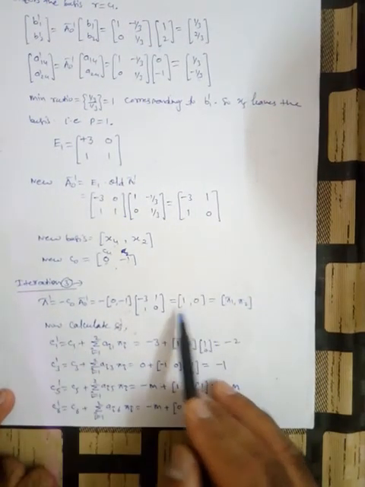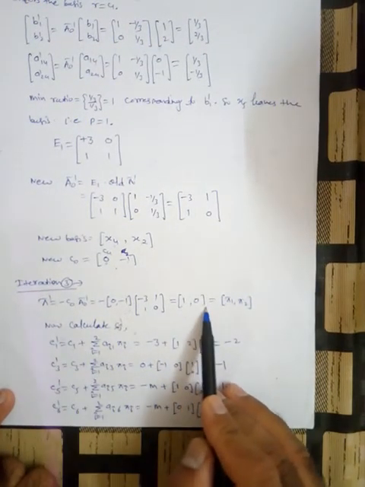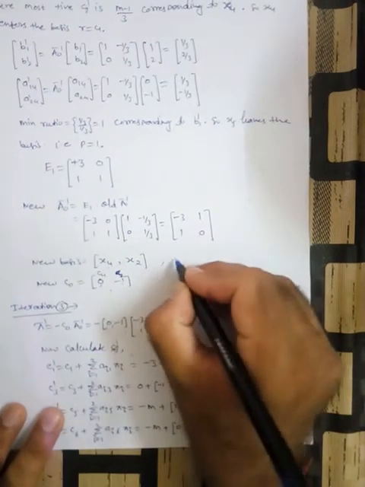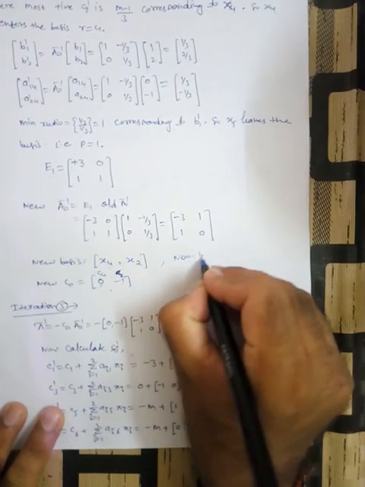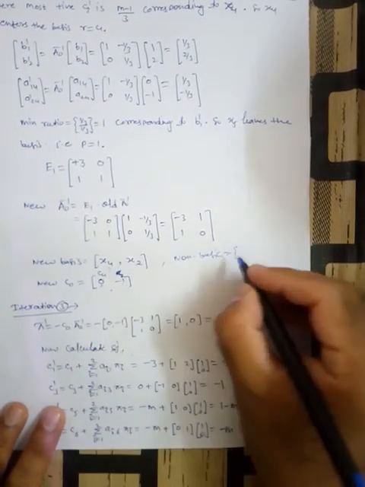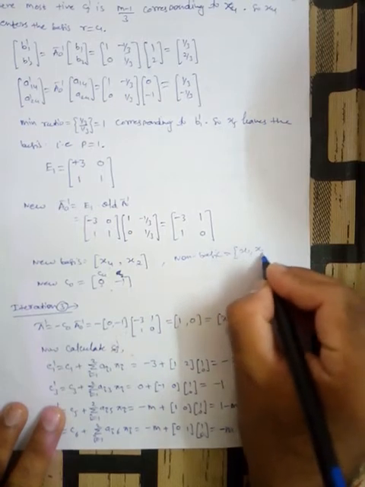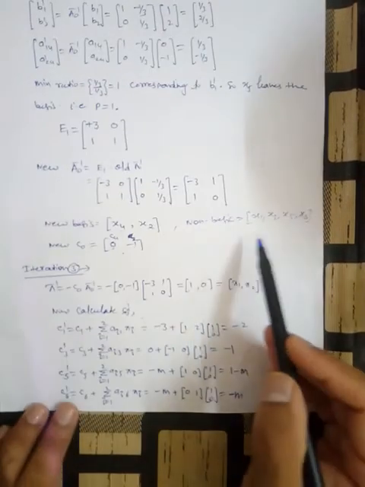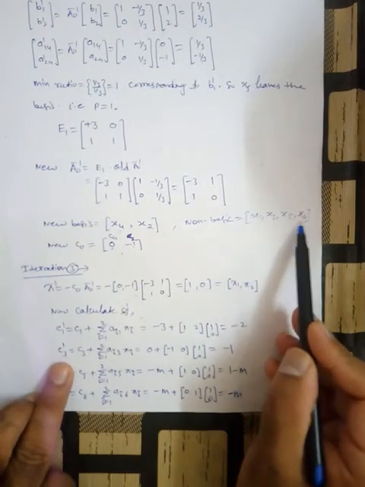So the pi multipliers are evaluated, and we are getting this 1 and 0. Now we have to calculate, so which are the non-basic variables here? The non-basic variables are x1, x3, x5 and x6. So we have to find out c1 dash, c3 dash, c5 dash, c6 dash.